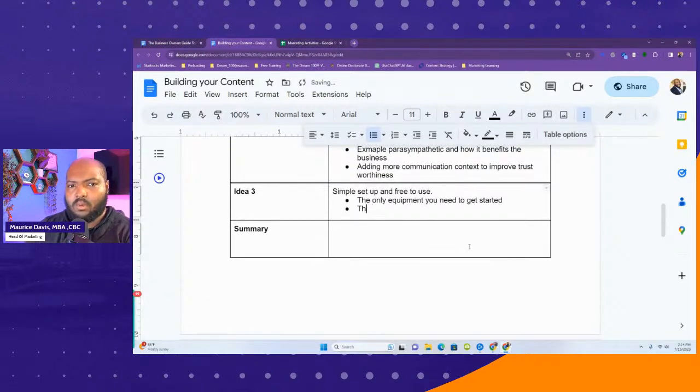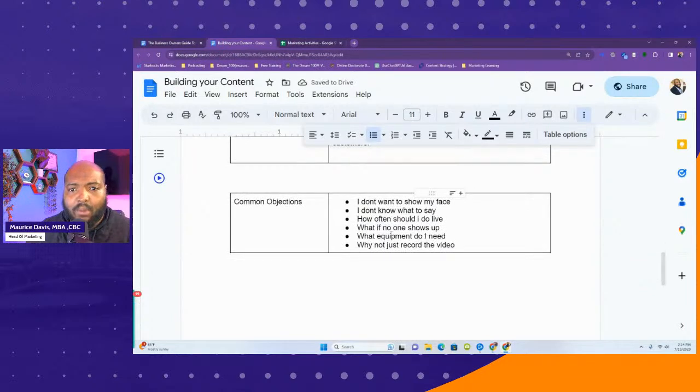Unlimited content ideas from a free site. Okay. So now what I'm doing is I'm removing these objections. I don't know what to say.